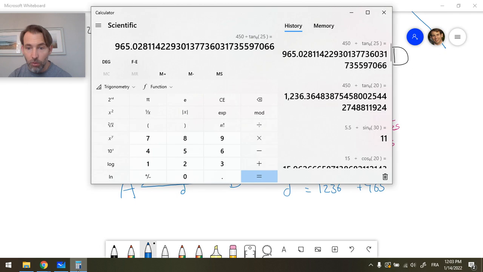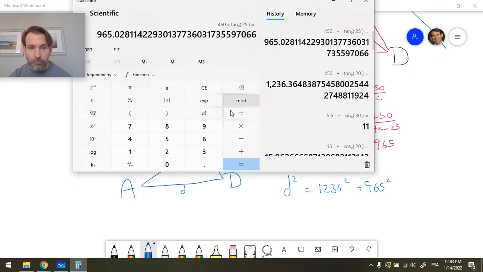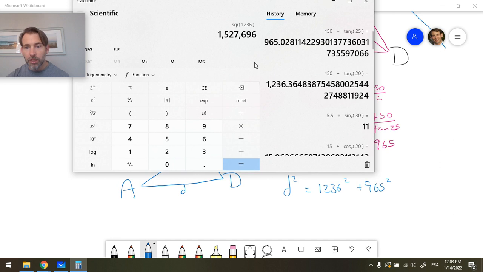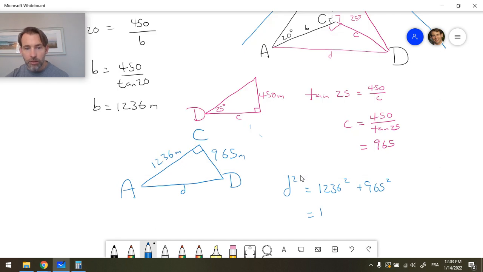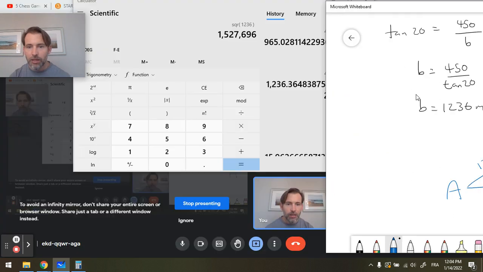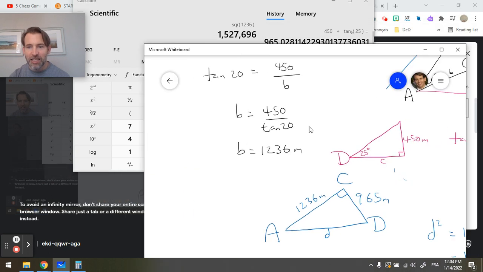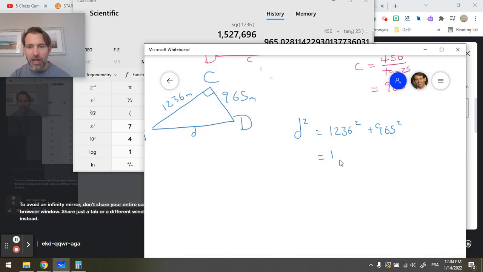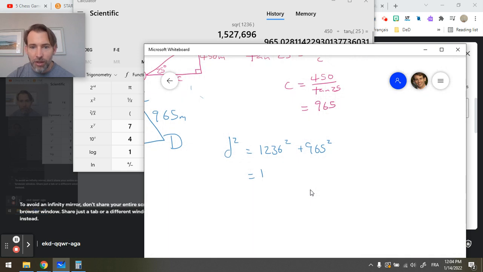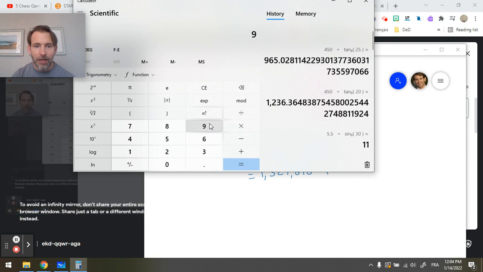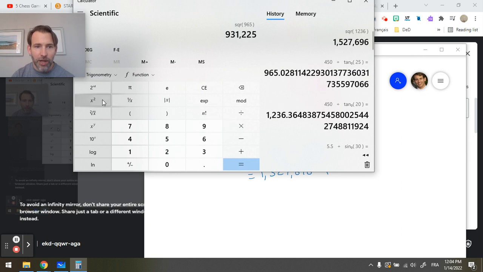I'll be staring up at the ceiling for a while. 1236 squared is 1 million, 527,696. Plus 965 squared.